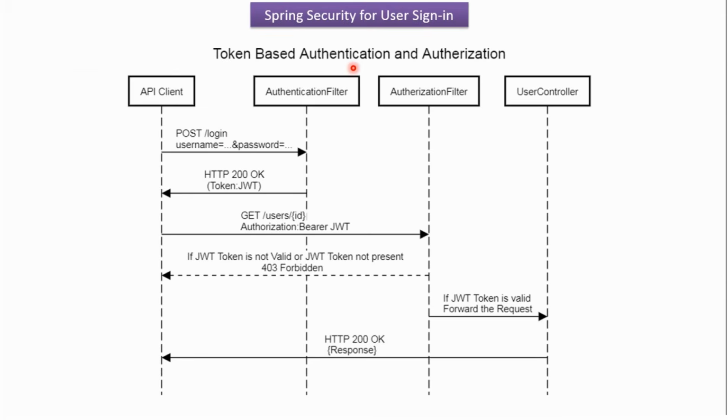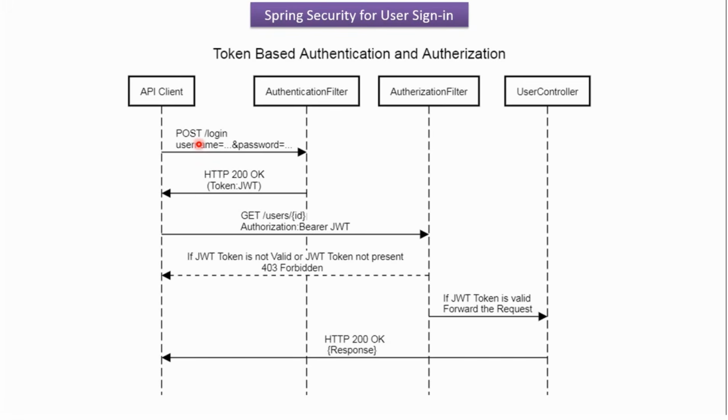Till now we have seen how token based authentication and authorization worked. I will summarize and explain here. Here you can see the API client, authentication filter, authorization filter, and user controller.